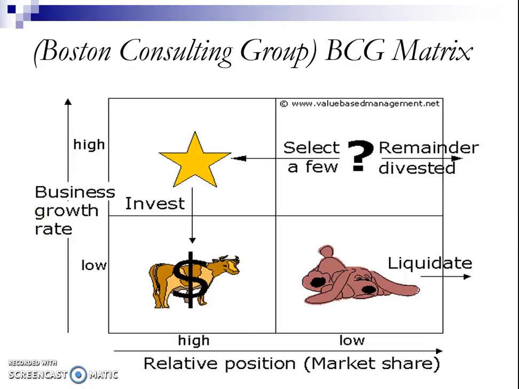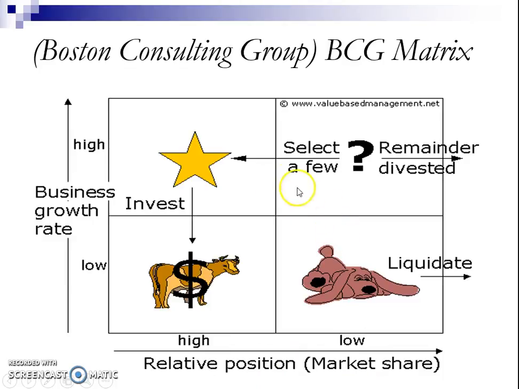This framework assumes that an increase in market share will result in an increase in generation of cash, based on the experience curve. That is why this matrix is also called the growth share matrix, and it classifies the business units of a multi-business firm into four categories based on these two parameters. That is business growth rate, whether it is high or low, and on the other side we have market share, which is again high and low.